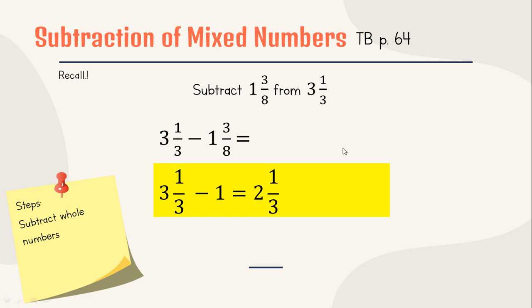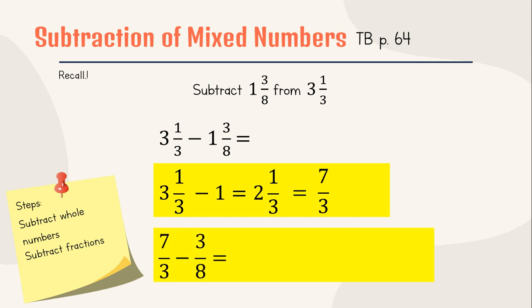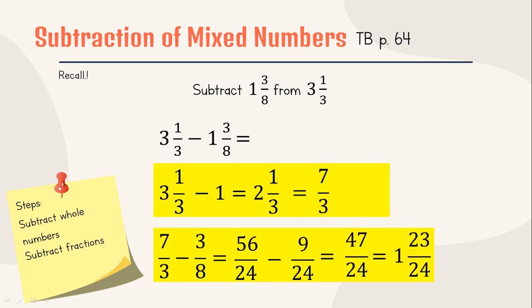After that, because we have a mixed number and this will be only a fraction, make it into a fraction. So 7/3 minus 3/8 equals, that's it. 24 divided by 3, 8 times 7, 56. This one, 3 times 3, 9. So the answer will be 47/24.